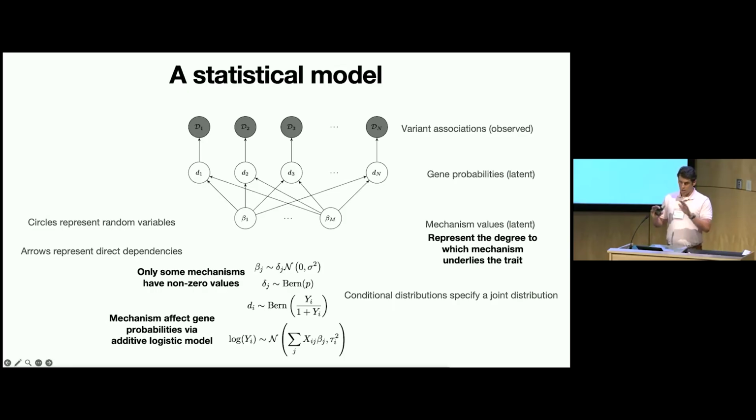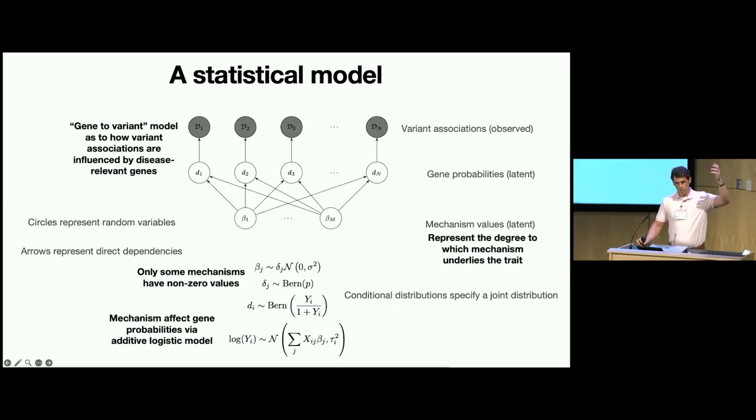I'm glossing over the details, but you put regularizing priors to handle the super large scale of the number of gene sets. What you do observe are the variant associations nearby each gene, okay? And so this is the key, right? You need a model of how the genes, whether or not they're disease relevant, influence the associations you observe nearby. Obviously this is a very hard problem.